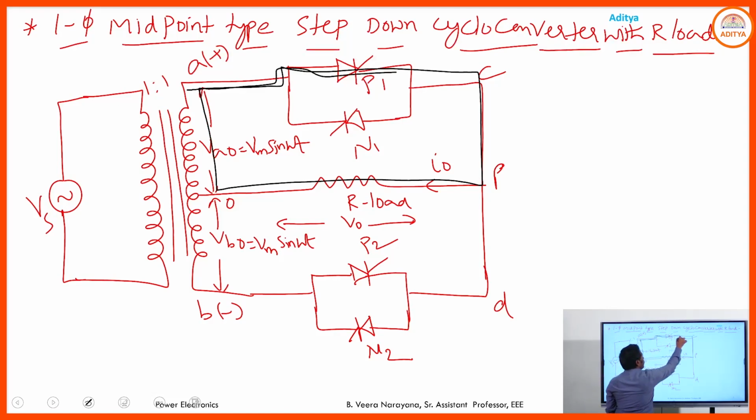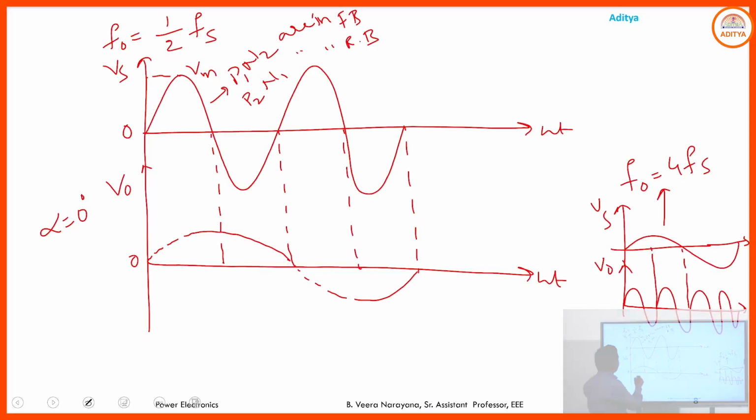Then the upper half of the source voltage VA0 is transmitted to the load, and the output voltage simply follows VA0. From 0 to pi, we have the output voltage due to the conduction of P1. This positive portion is available across the load due to the conduction of P1.